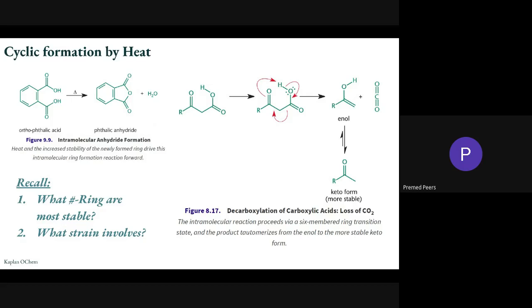That means that is the most convenient distance for the double bonded oxygen to attack, leaving that to bond to the hydrogen on the other end and allowing the carbon dioxide to leave. So that is what happened right there.